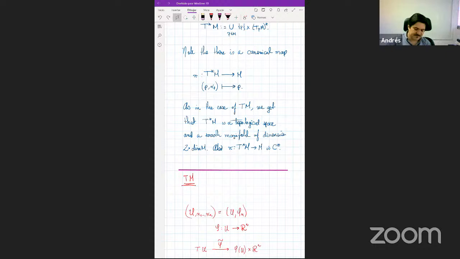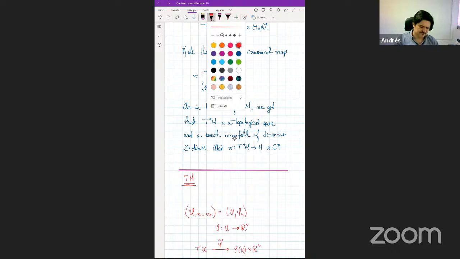And we give a topology to TM, and TU happens to be an open set. Remember what TU is? What is TU?